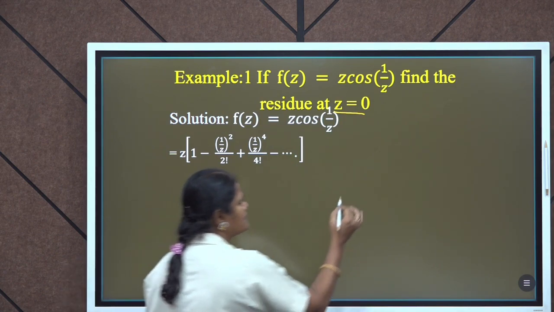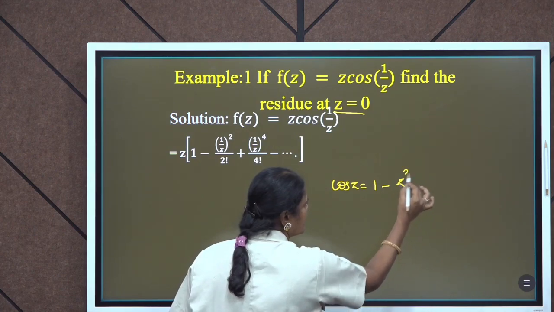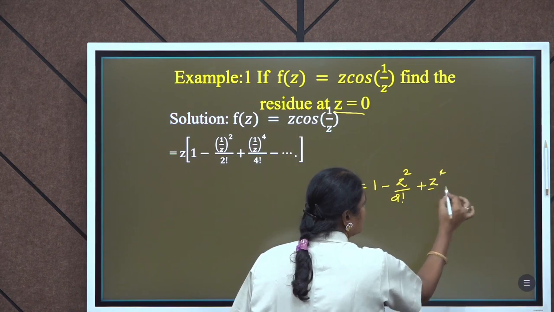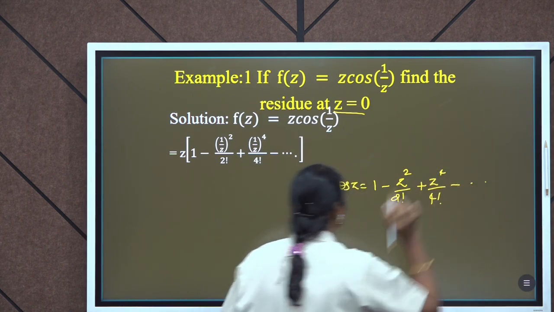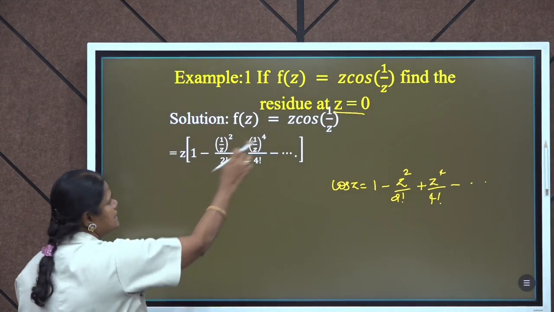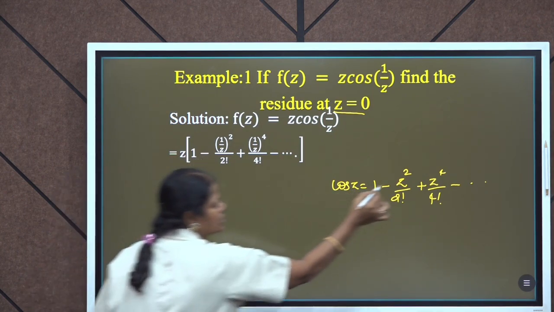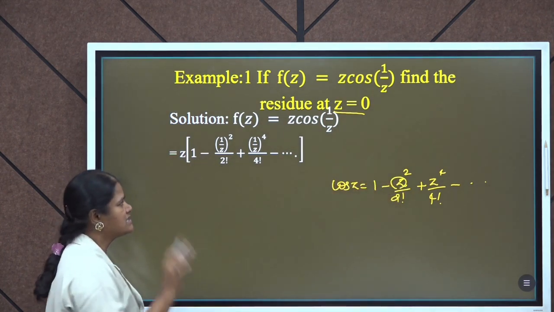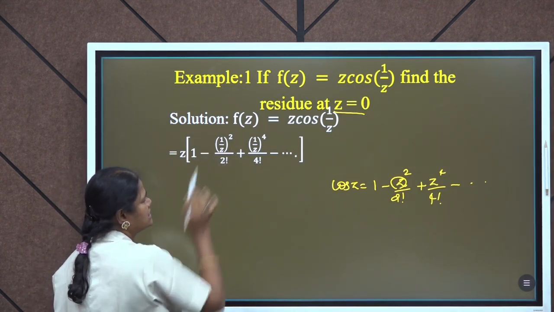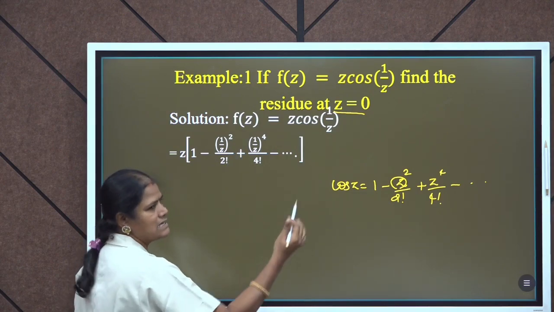We know the formula for cos z, that is 1 minus z square by 2 factorial plus z power 4 by 4 factorial minus, etc. We are going to use this formula for this problem. That is, z into cos of 1 by z can be written as z times (1 minus, in place of z, substitute 1 by z, so 1 minus (1 by z) the whole square by 2 factorial plus (1 by z) the whole power 4 by 4 factorial minus, etc.)